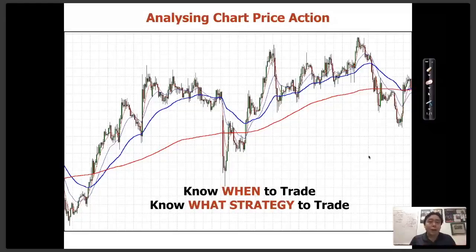Like I said, every day I load up my charts, and here's how I analyze the price action on the charts. I'm going to show you right now. When you look at the charts, you must know when to trade. Many times when you see the price, it's random.